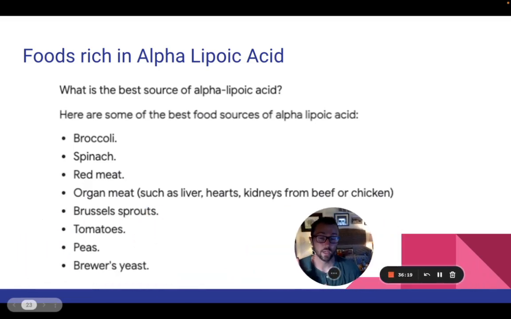The best place it can come from is your food, right? People are so conditioned to jump for supplements, and supplements can be helpful. You need to be very, very cognizant of where your supplements are coming from and what else is in them besides the advertised product. Food is the best place, right? So broccoli, spinach, red meat, organ meat, Brussels sprouts, tomatoes, peas, brewer's yeast, all very, very rich in alpha lipoic acid.